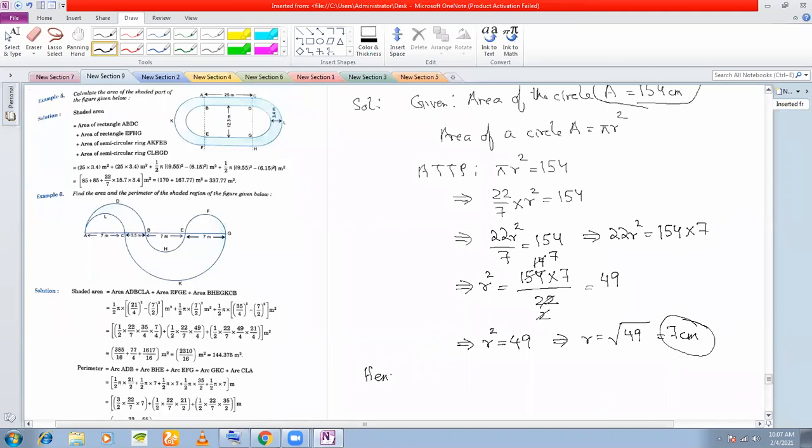Hence, circumference is equal to, write the formula 2 pi r, and again we take this as 22 by 7.